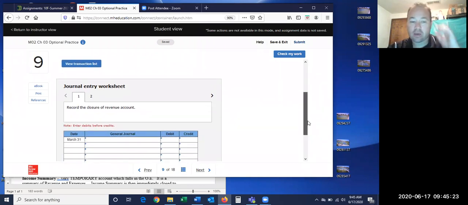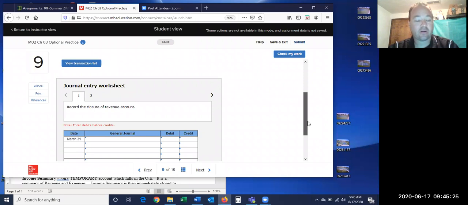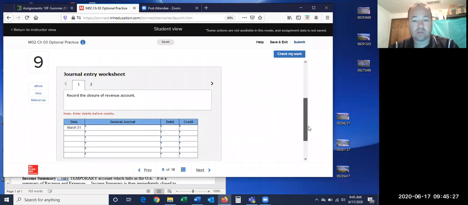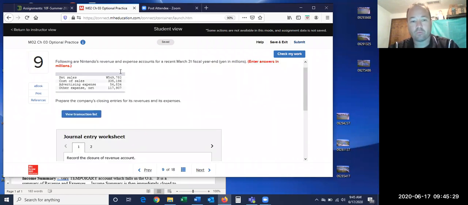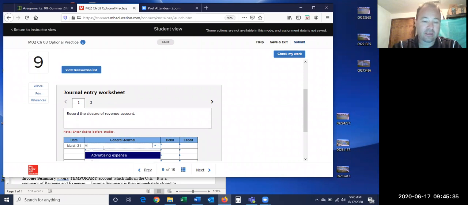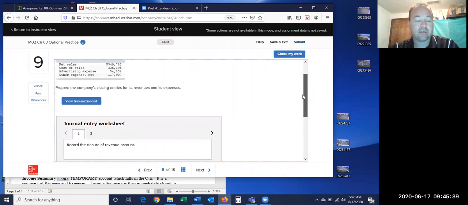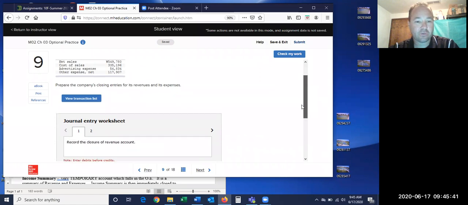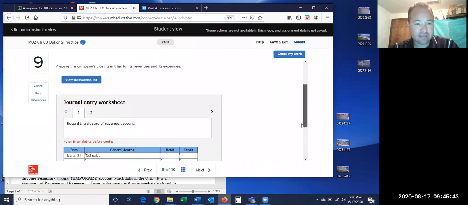All right, so we're going to close out just like how we did in our practice before. We're going to close out our revenue. Remember, revenue has a credit balance, so we're going to debit our revenue account here, and in this case they call it net sales. We're going to debit our net sales for the 549,780.